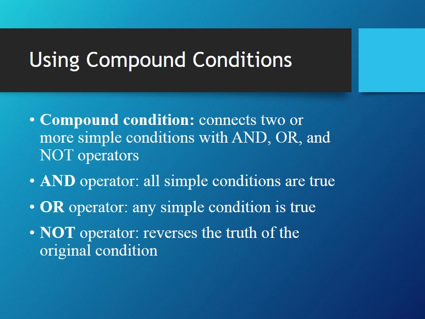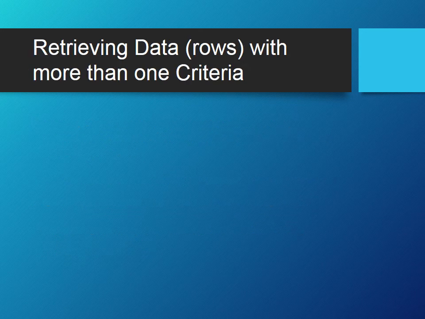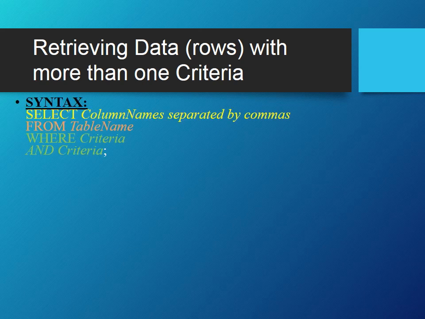The not operator reverses the truth of the original condition. Now let's look at an example. The syntax for retrieving data with more than one criteria is select column name separated by commas from table name where criteria and criteria. Notice the use of the compound condition and.